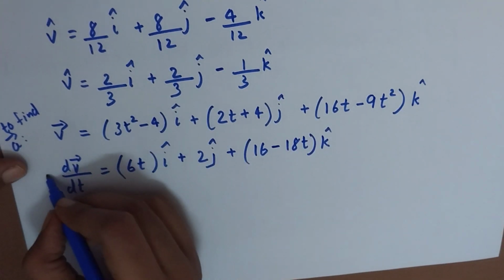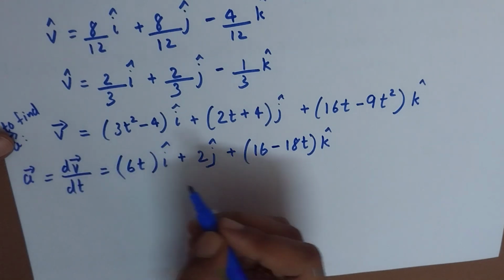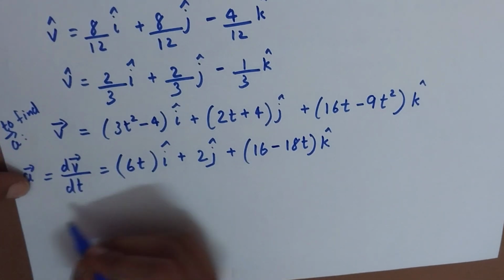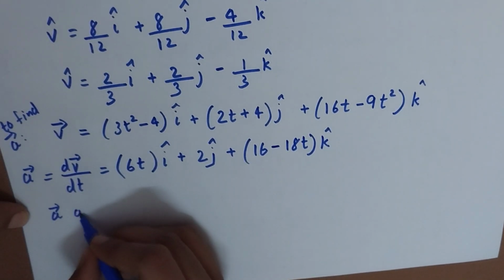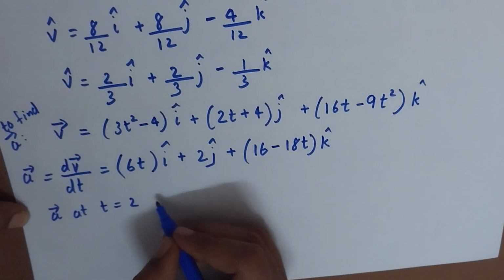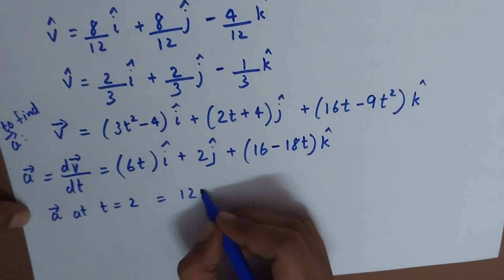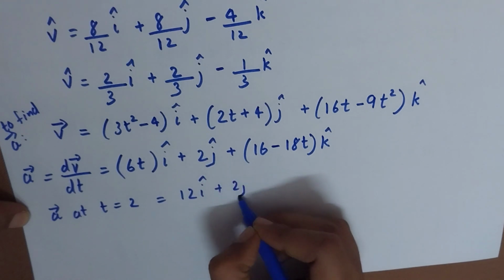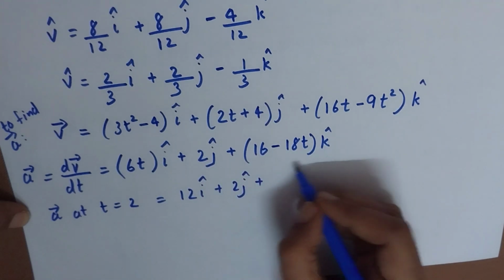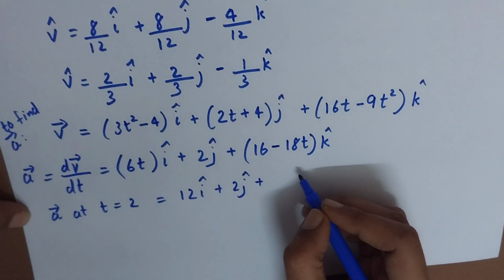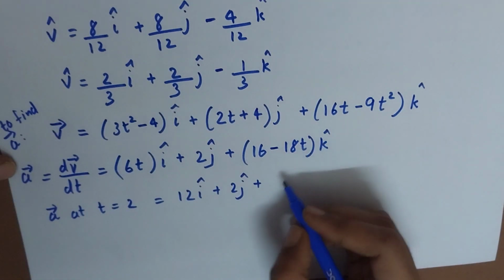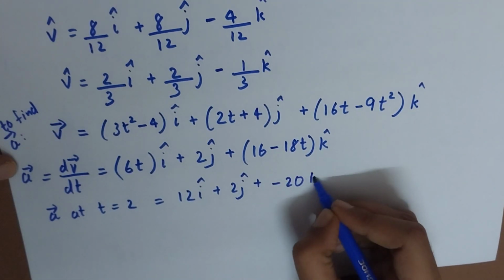This is our acceleration vector. Now we have to find it at time t equal to 2. So 6 into 2 is 12, 12 i cap plus 2 j cap plus 16 minus 18t is minus 20 k cap.